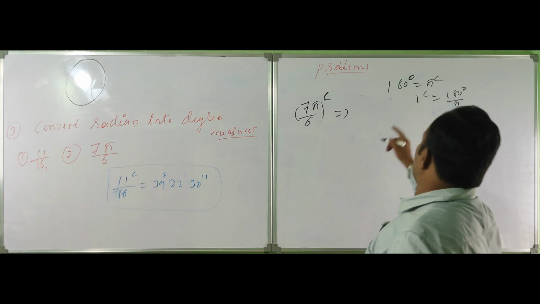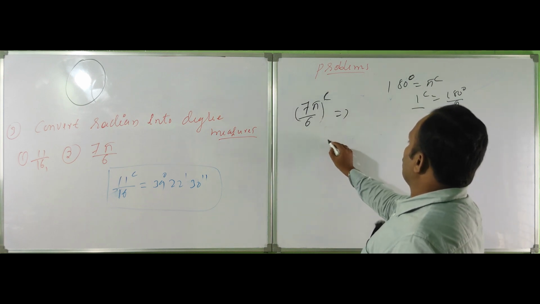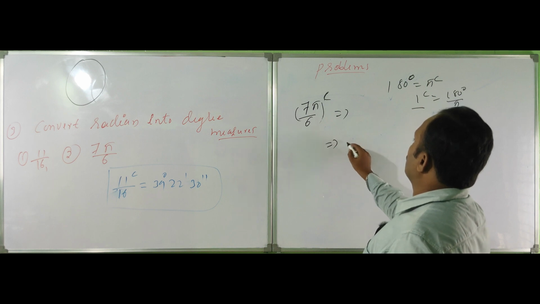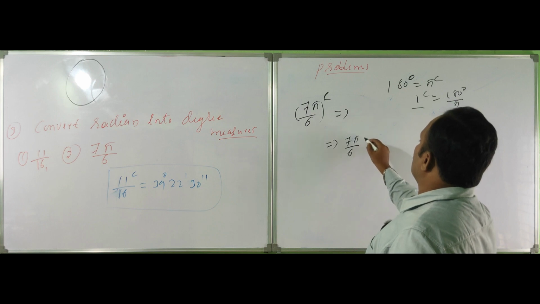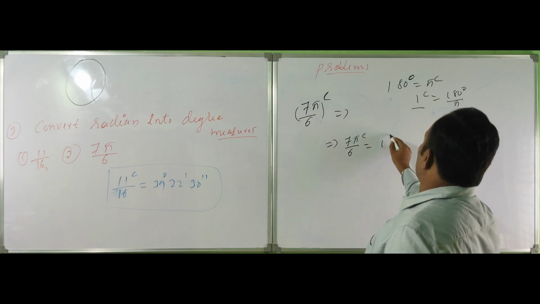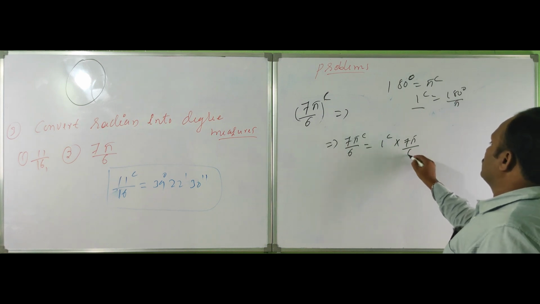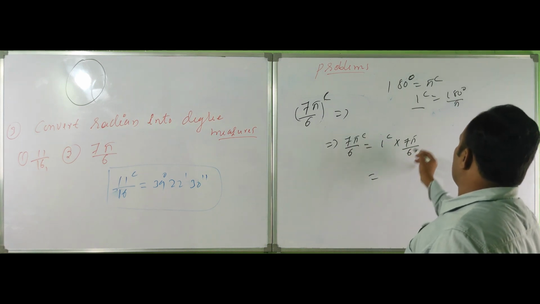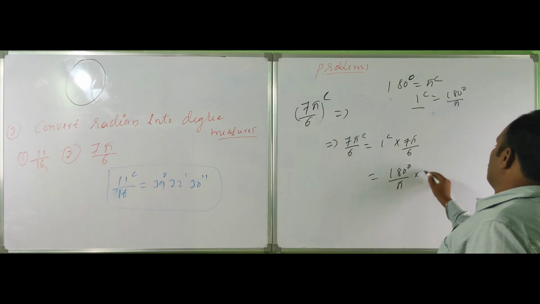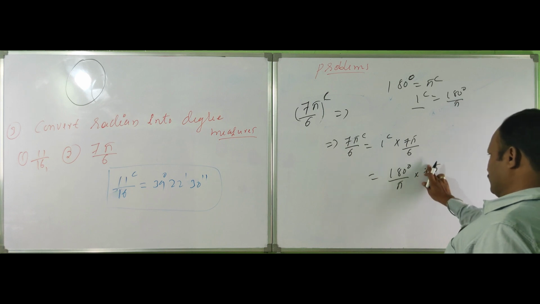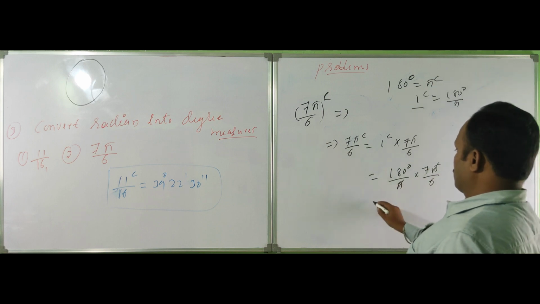Then 7 pi by 6 radian is equal to 1 radian into the value of 7 pi by 6, which is 180 degree divided by pi into 7 pi by 6. So this pi gets cancelled.